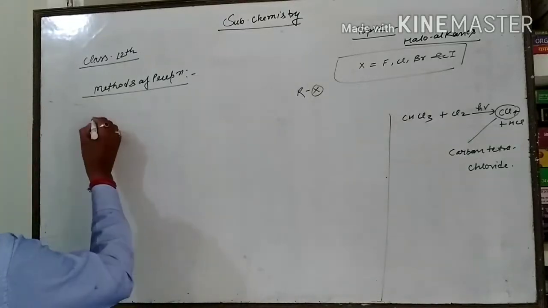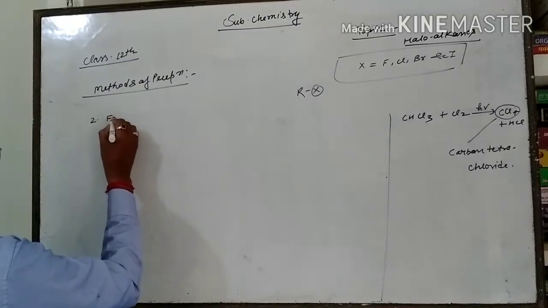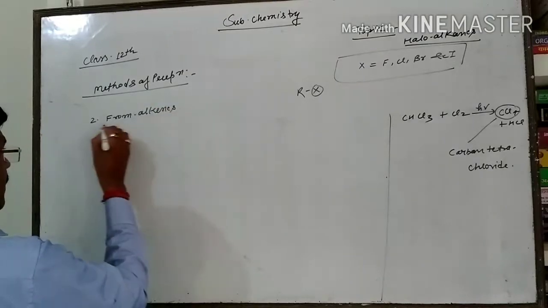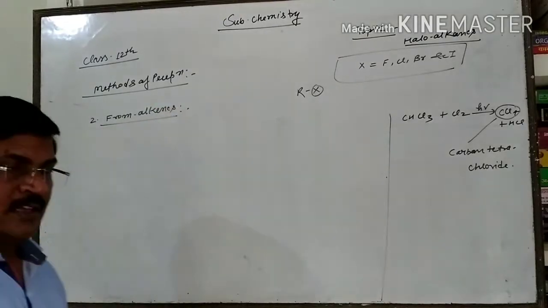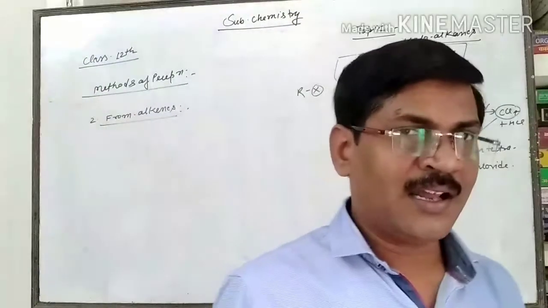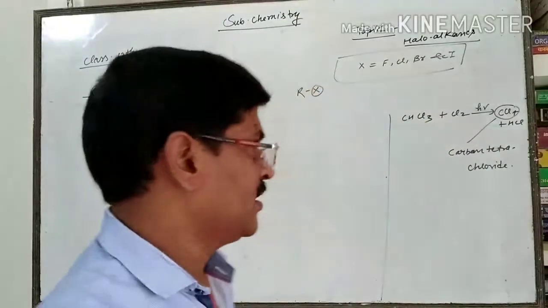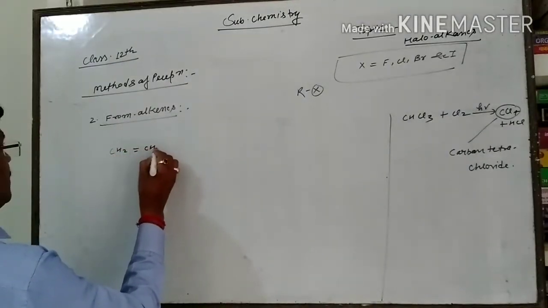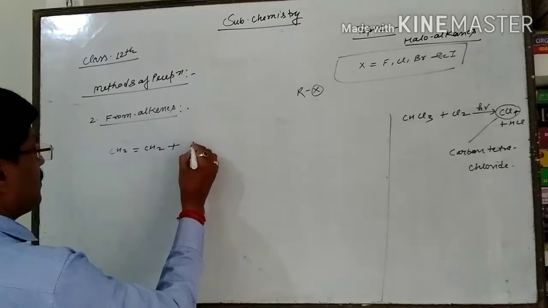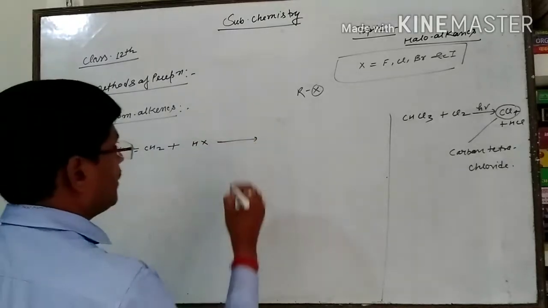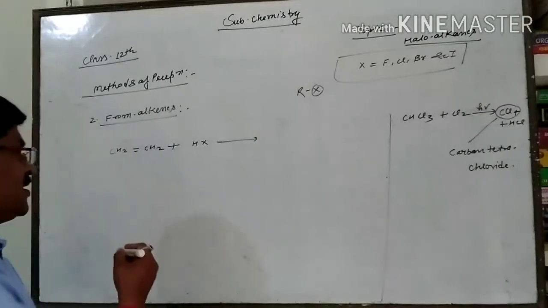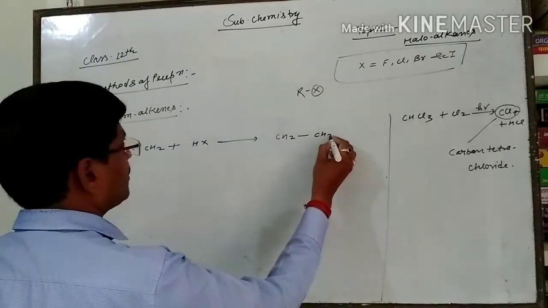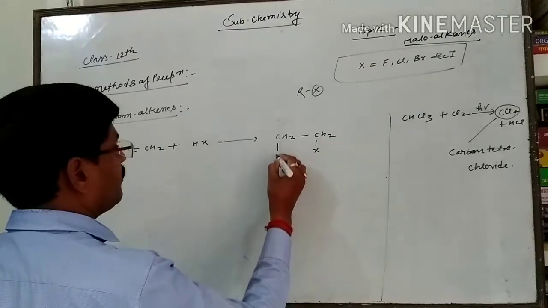Suppose I have taken the second method, that is from alkenes. Then how can you prepare alkyl halide from alkenes? Suppose I have taken CH2=CH2. As all of you know, if HX is passed over this, it will give CH2-CH2, with one X added here and one H added here.